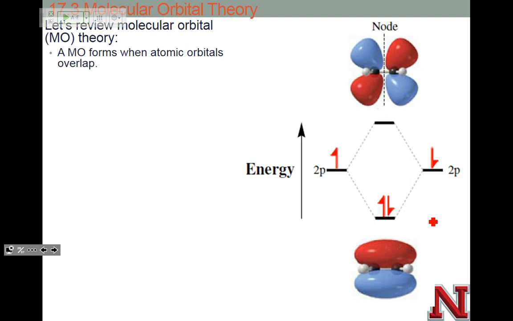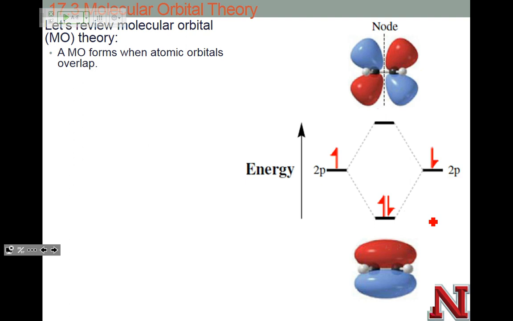A good overlap, a constructive overlap, is where the blue and the blue overlap, or the shaded and the shaded overlap. When we have an overlap like this, then we don't have good overlap because this is destructive, so we have a node, which is a zero possibility of electrons being there. Anytime you have a node, that's higher in energy than not having a node.